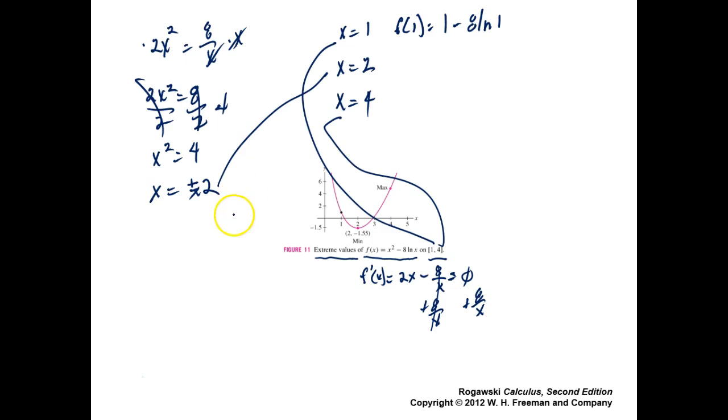Here's a little hint. Do you remember what the exponential function looks like? What's the exponential function? E to the x. What does that look like? E to the 0 is 1. And e to the anything negative would be 1 over e to that power.